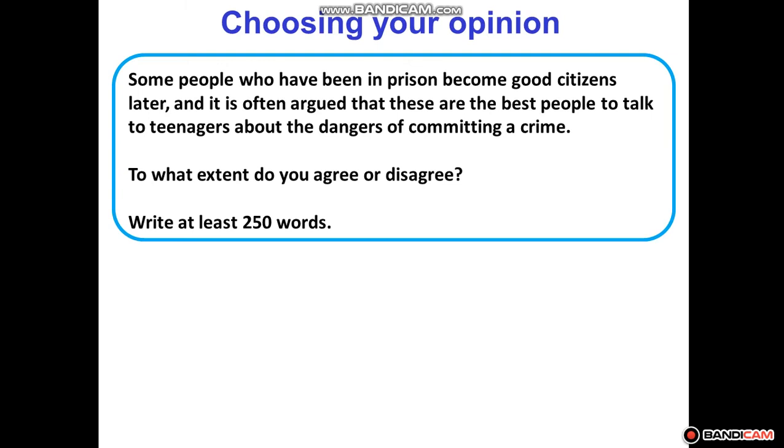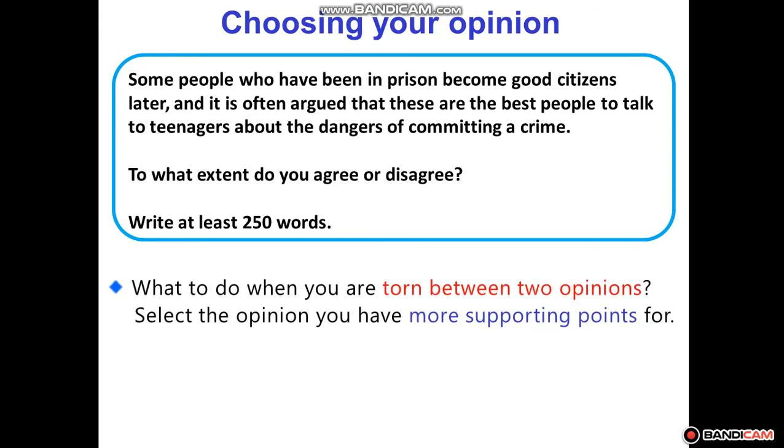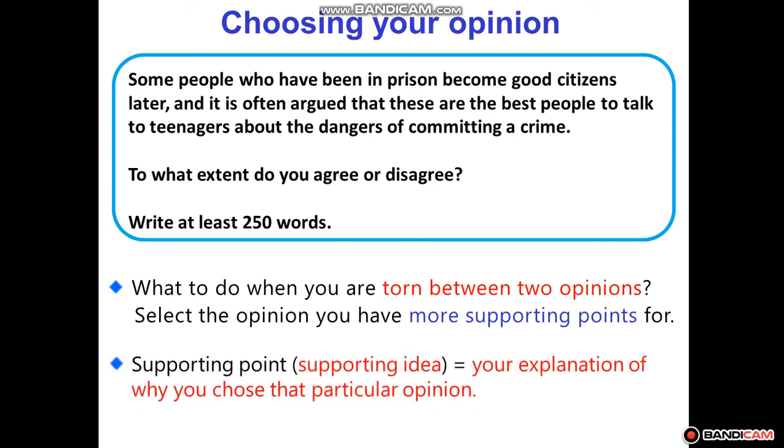We discussed choosing the opinion, and when we are torn between two opinions, how to decide which one to go for. Going for the one we have more points about is the best strategy. We also discussed what is meant by supporting points. They are supporting ideas, I mean our explanation of what we choose for a particular opinion.